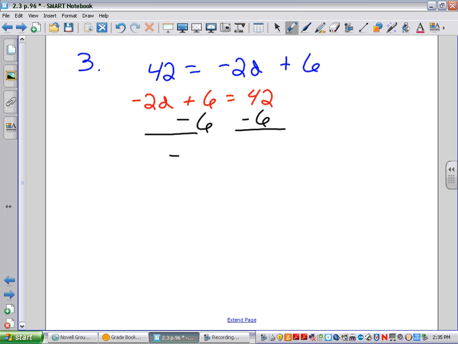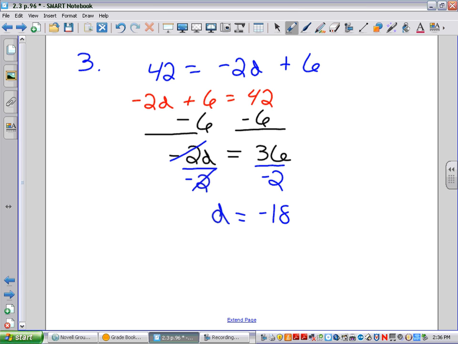I can bring down my negative 2d equals 42 minus 6, that would be 36. There's my first step. My second step would be to divide not by 2, but by negative 2. That way you can mark out your negative 2's. d equals, and think, what's 36 divided by negative 2? That answer would be negative 18.